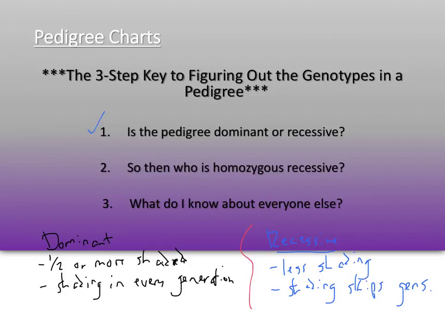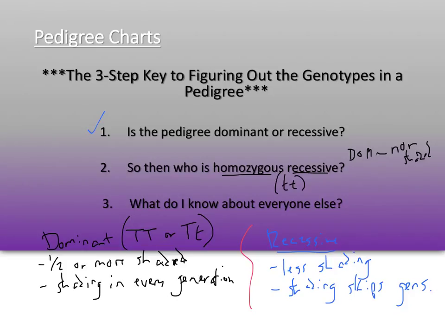So they are going to be, say, big T big T, or big T little t, which means that the non-shaded people are homozygous recessive. So if the pedigree is dominant, the homozygous recessive people, the little t's, are your non-shaded people.